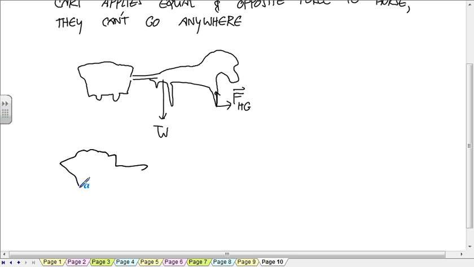So if you isolate the cart, and I guess you'd have a contact force here too. So you'd have the force on the cart by the ground. So over here, if you isolate the cart, you have the weight of the cart. You have that contact force on the cart by the ground.